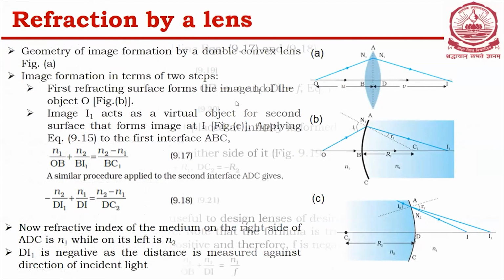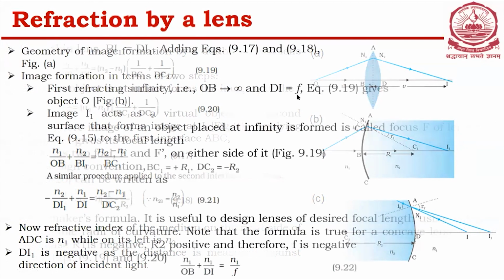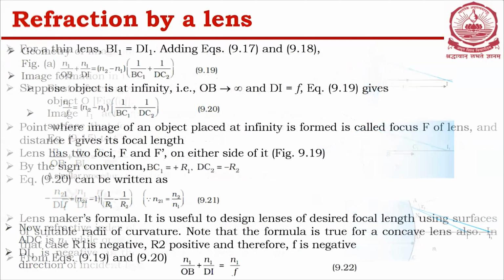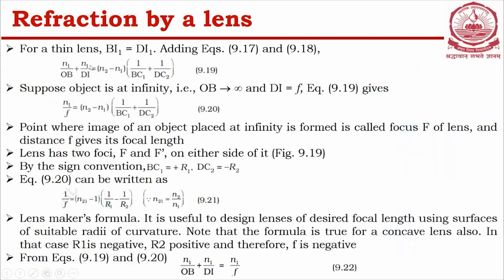So that's what I have written here. It is F. So I'm substituting here so that I will get only n1 by F, and the first term becomes 0, and this is equal to (n2 minus n1) into (1 by BC1 plus 1 by DC2). Then again, I am substituting the sign convention for the radius of curvature.